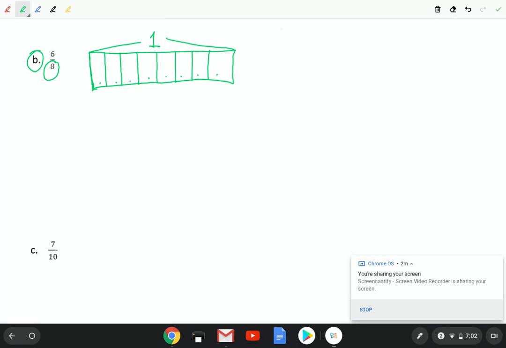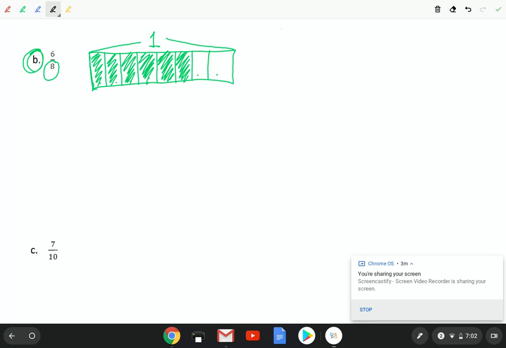Perfect. Okay, now I need to represent this given fraction, 6/8. So that means that I'm going to shade in 6 of these 8s. So 1, 2, 3, 4, 5, 6. There's 6 out of 8.